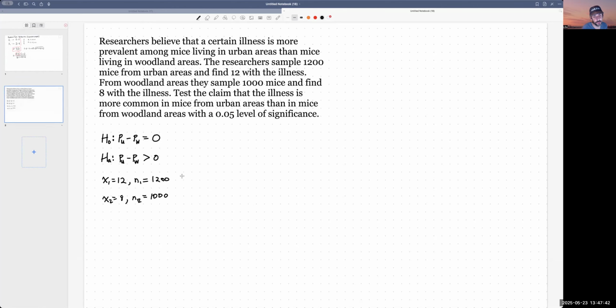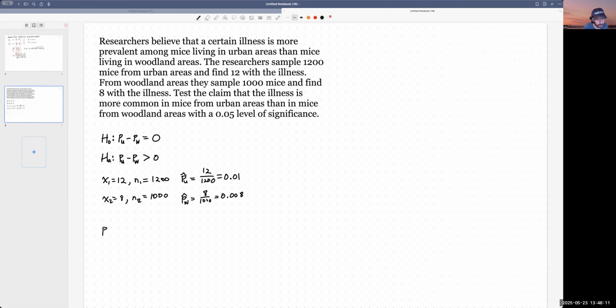From these values, we can compute PU hat, which is 12 divided by 1,200, so 0.01. And PW hat is 8 divided by 1,000, or 0.008. Okay, so there's our two P hat values.